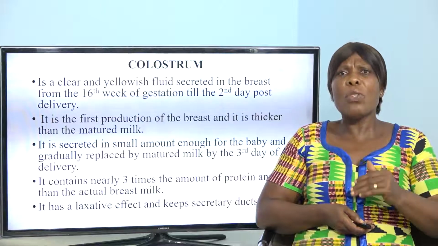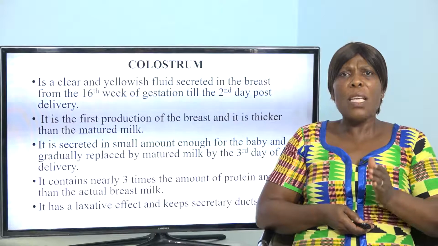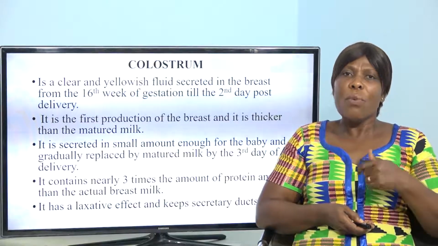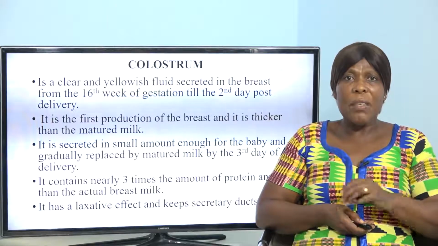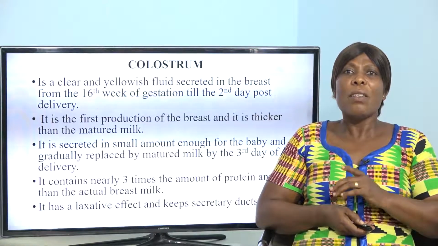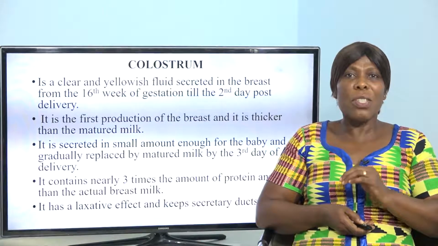Then the milk also starts producing. So we have this colostrum from the 16th week of gestation till the second day when the baby has been delivered. It is the first production of the breast, and it is thicker than the matured milk.